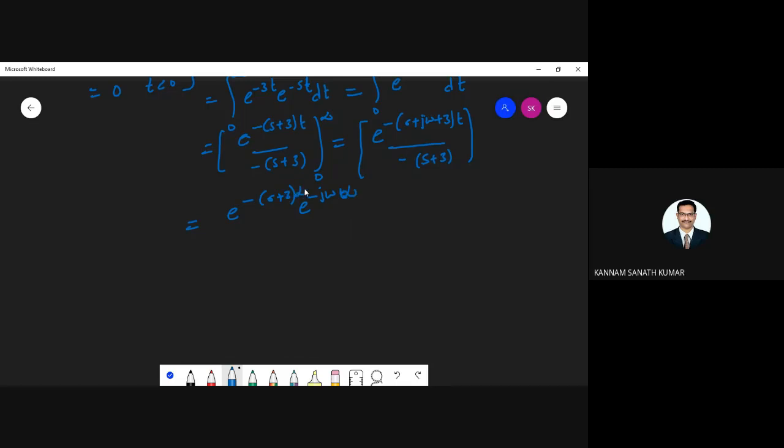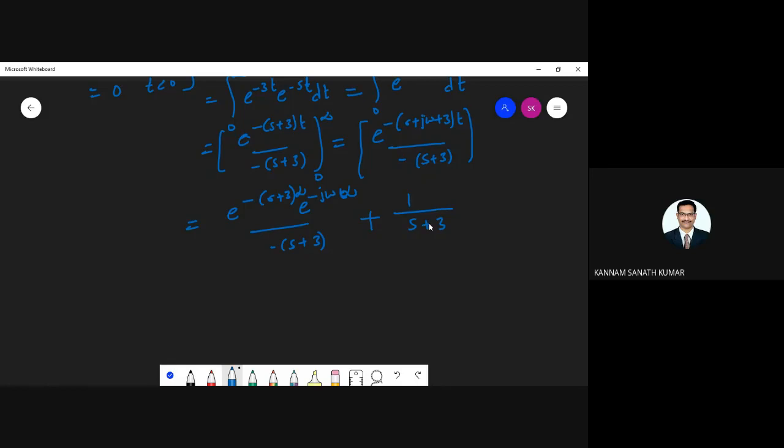So that means here you are getting infinity, divided by minus s plus 3, minus, so minus into minus plus, e power 0 is how much? 1 divided by s plus 3.